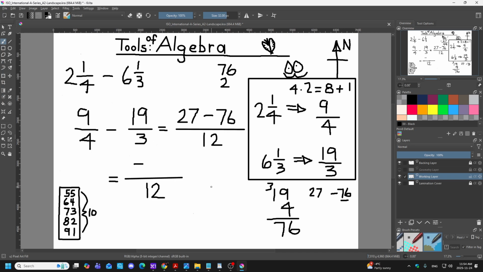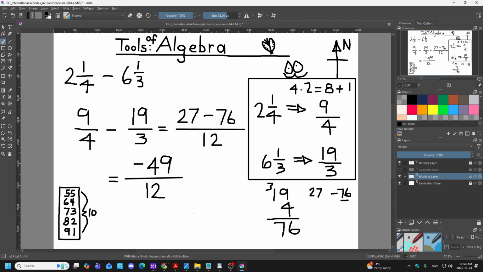So 49, or negative 49 over 12 is what I get. Can we reduce? They do look like reducible values.